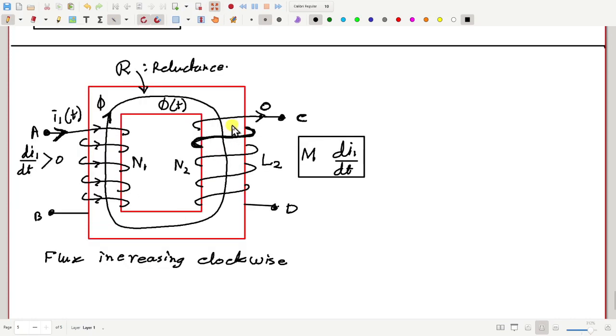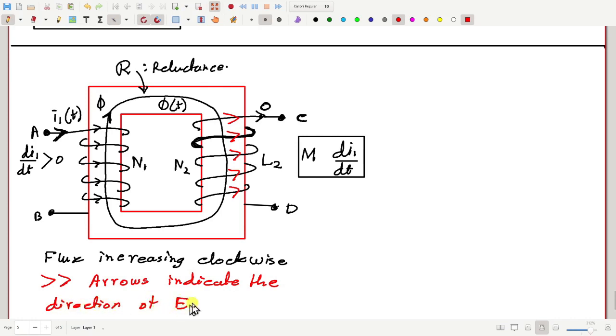So that means it should try to drive the current in this direction. Okay, so these red arrows indicate the direction of EMF in the second coil.